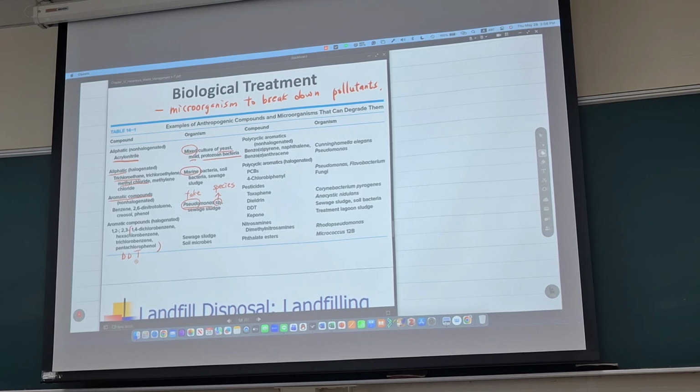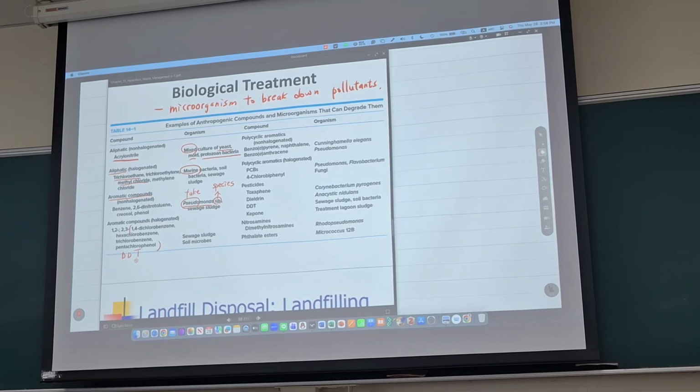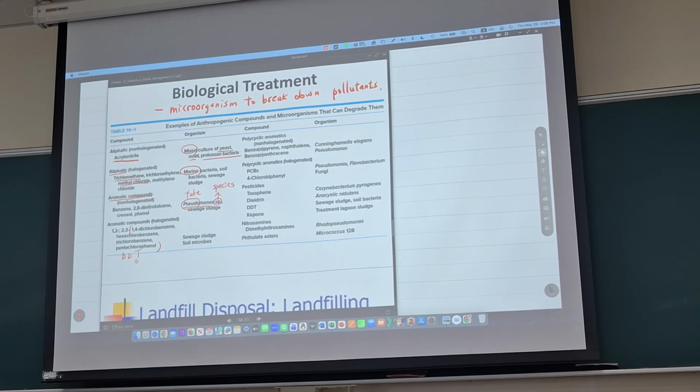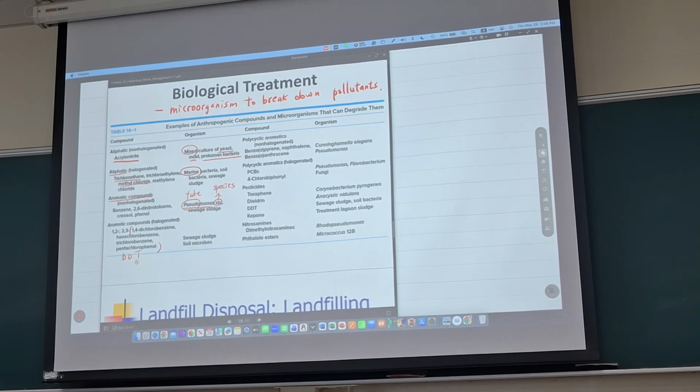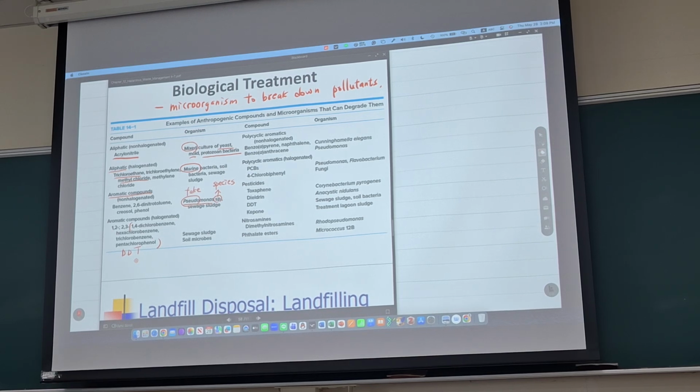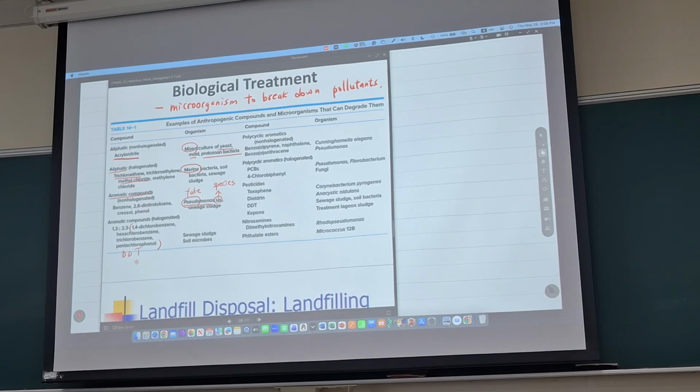Pesticides such as DDT can be degraded by some bacteria or some sludge microorganisms as well. So this slide tells you that different kinds of pollutants can be degraded by different kinds of microorganisms.